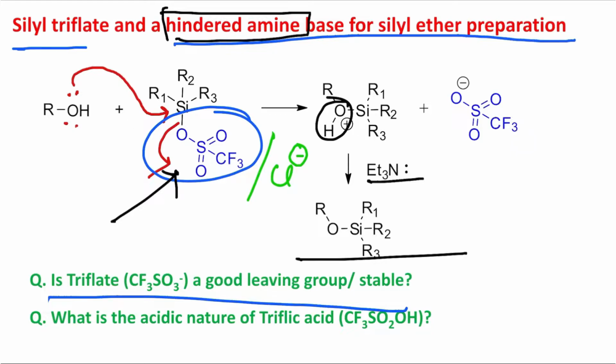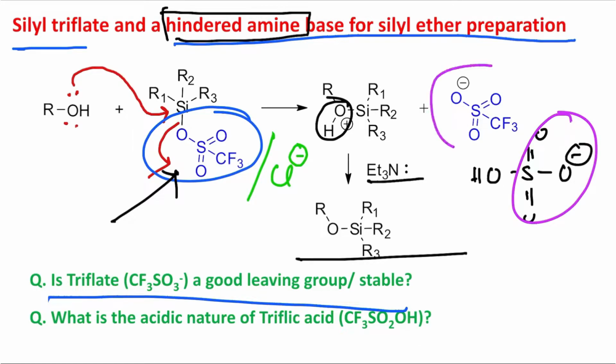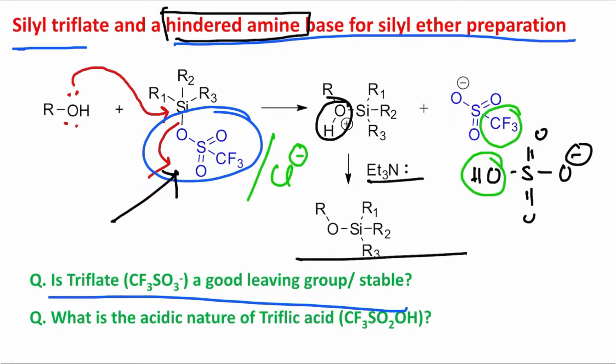Why? See, this part, if you compare this with bisulfate, means the first salt of sulfuric acid, everything is same up to this part. Okay, what is the difference? The difference is that in the first case OH is replaced by CF3, and we know CF3 is a very good electron withdrawing group because of its minus I effect, which is produced because of these 3 fluorine atoms attached to carbon.